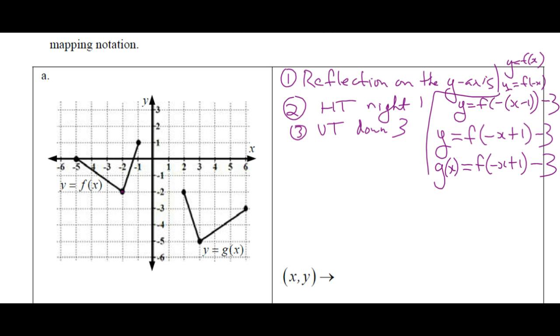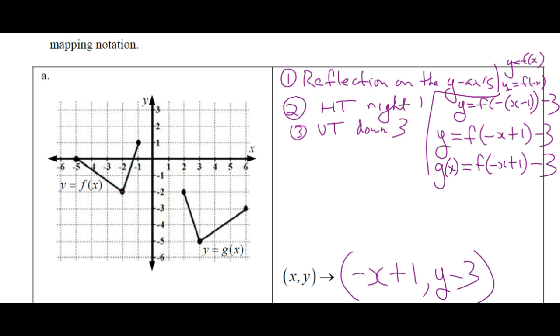So, xy. Let's see if we can do this in one fell swoop. Reflected on the y-axis means that I'm going to have a negative x, and then I want to move that right 1. So it's going to be negative x reflected, right 1, plus 1. And I want to move down 3, so that's just y minus 3.